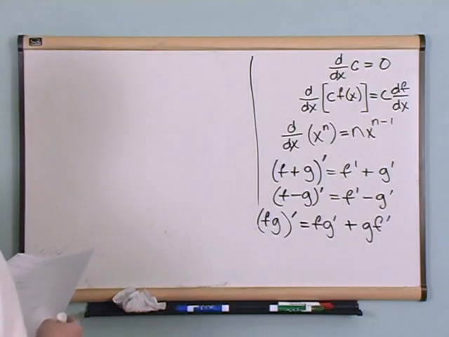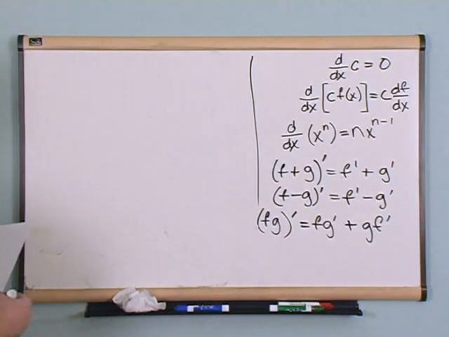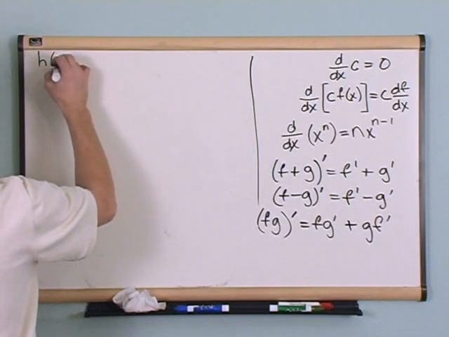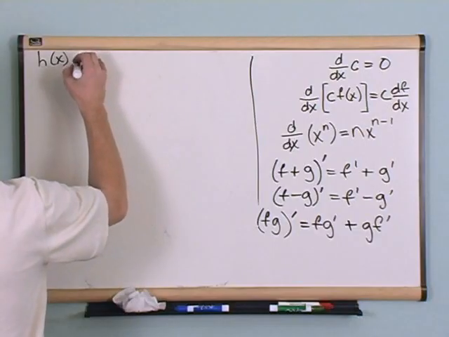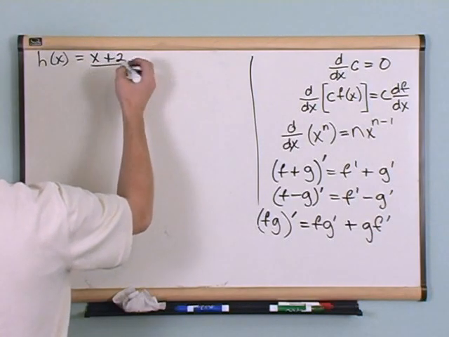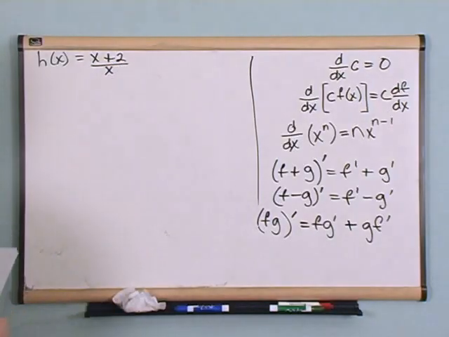Now, what would be an example of that? Okay, what if you had something like h of x equals x plus 2 over x. Well, at first you might say, that's division. That's not multiplication.